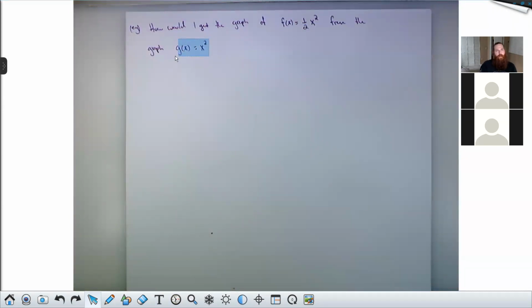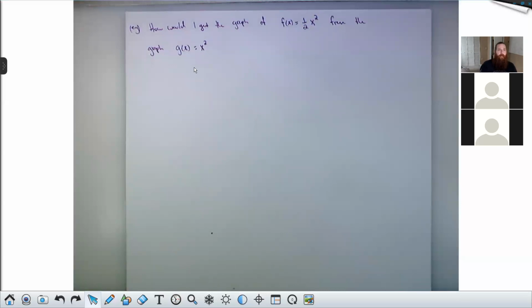So here, if you plug any input into g, the output will just be that number times itself. If you plug any input into f, the output will be that number times itself, then times 1/2.